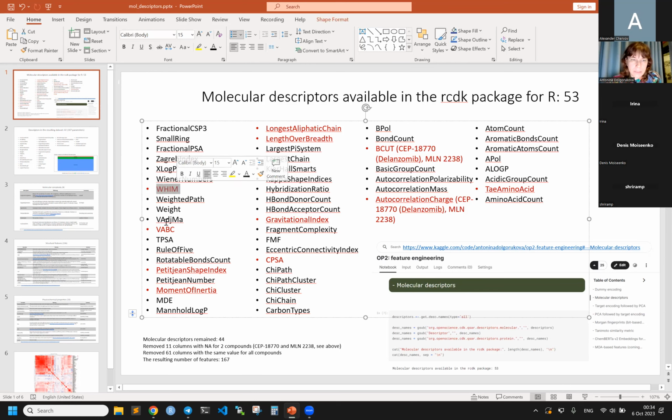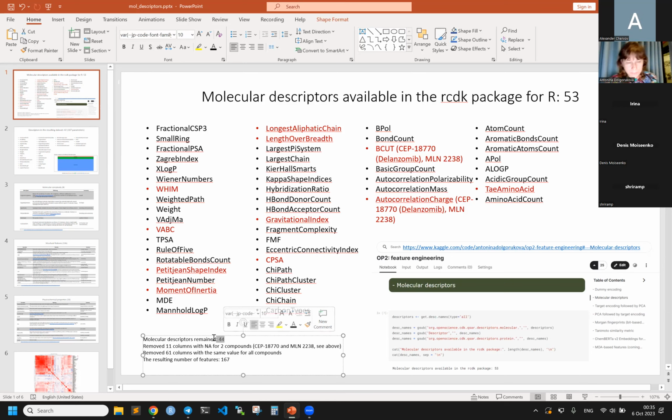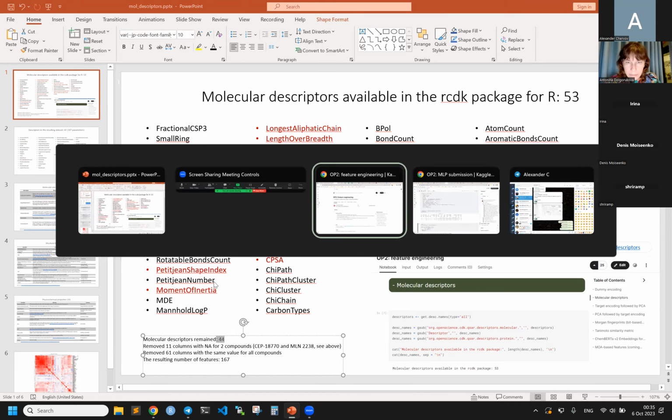These descriptors highlighted in red are not extractable because they need more information than we have in SMILES, like 3D, or should belong to specific kinds of molecules. We don't have them, so I removed these descriptors, and 44 remained.